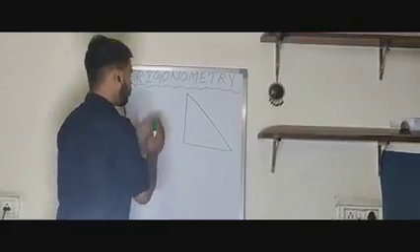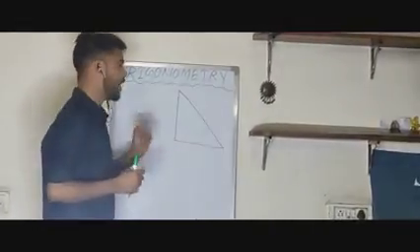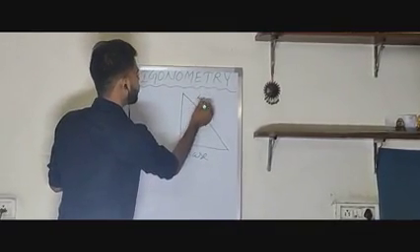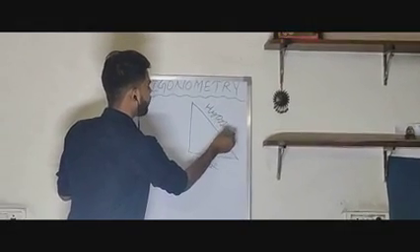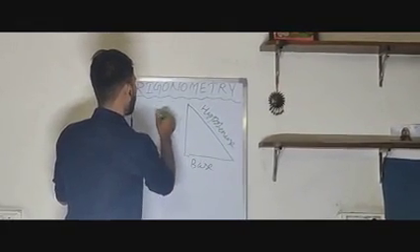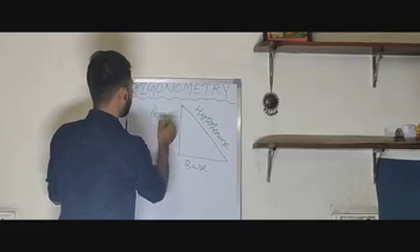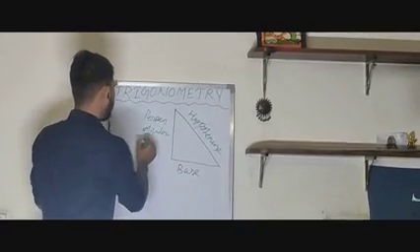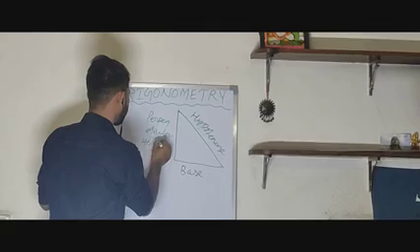Now I am going to name the parts of this right angle triangle. This is called the base, this is called the hypotenuse, and this is called the perpendicular, or height.